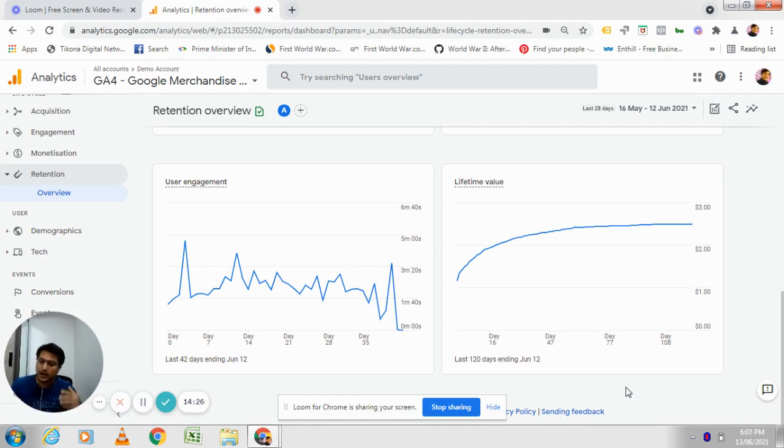So every year the cost of CPCs and everything is only going to go up. If you are getting a certain customer acquisition today at 100 rupees, the same can be acquired next year at 110 or 105 rupees. So this is going to increase, and it's 100% sure.